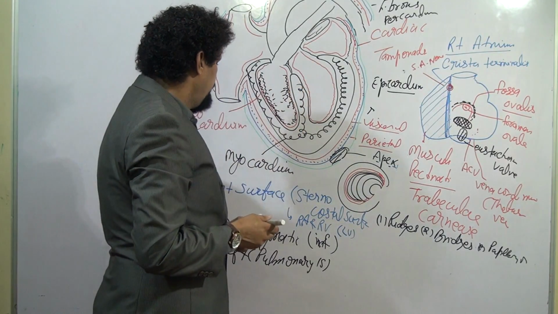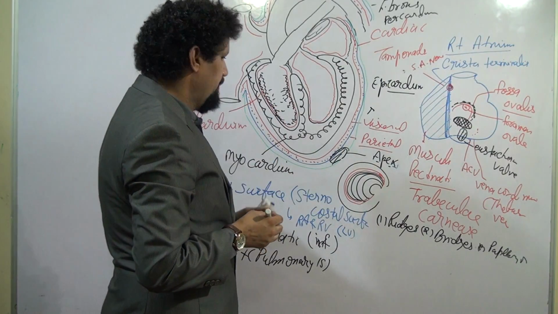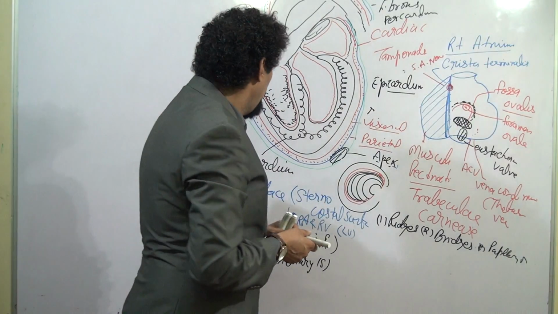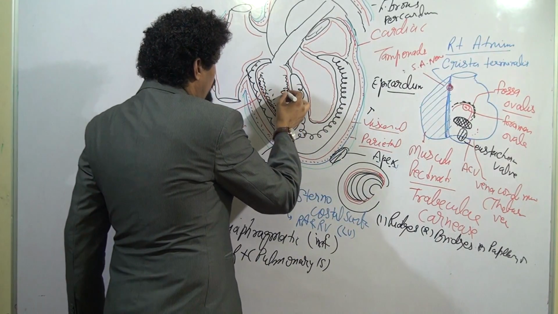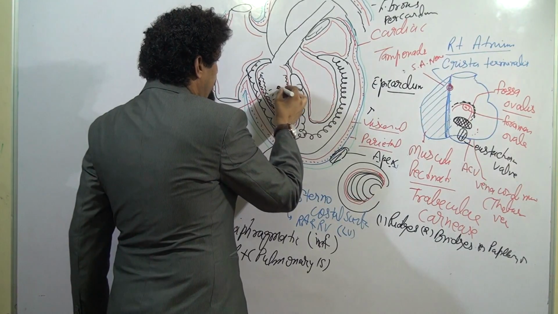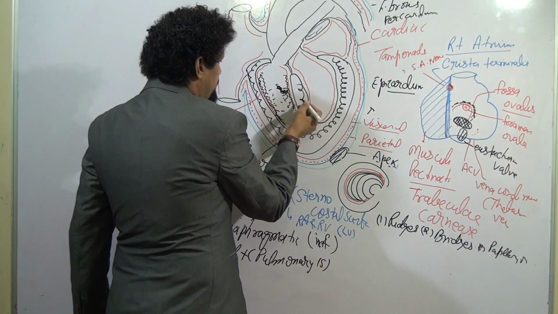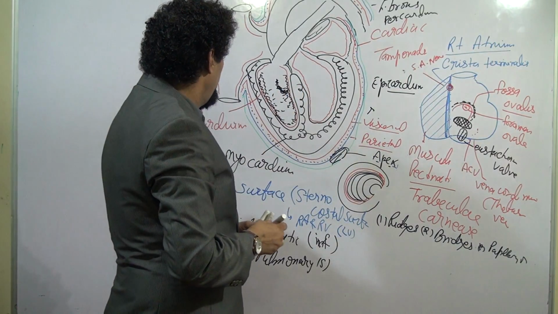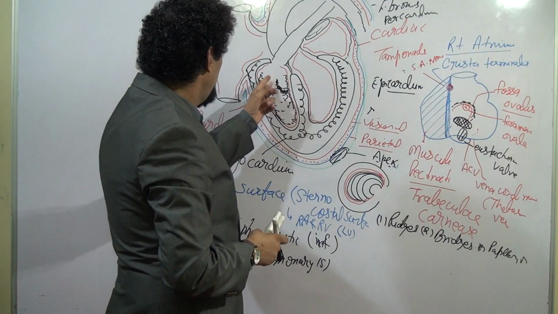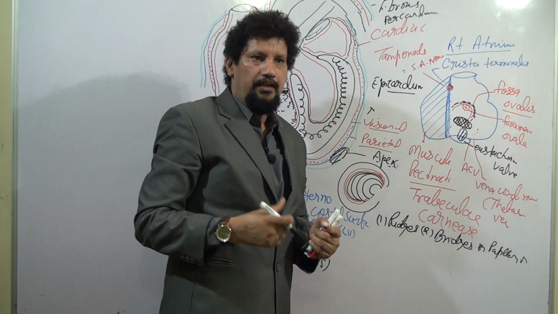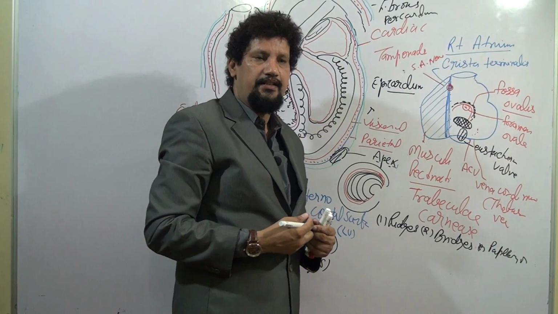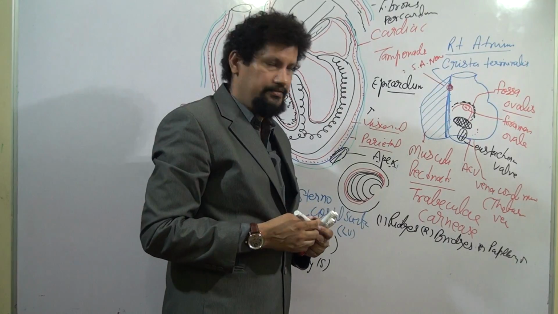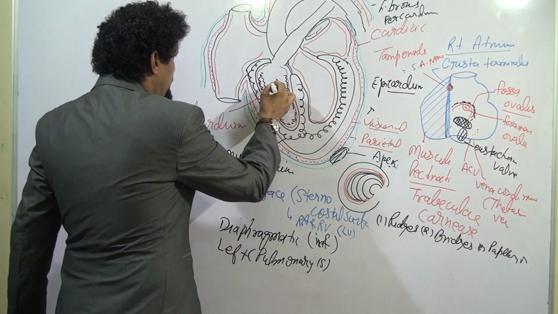The middle part of these bridges is free, but in the case of the moderator band, this is the moderator band, and this is connecting the interventricular septum to the anterior cusp of the tricuspid valve, and it is housing the right branch of the bundle of His. So this is the moderator band.